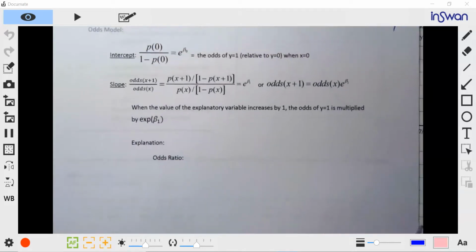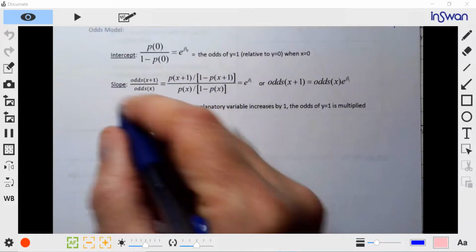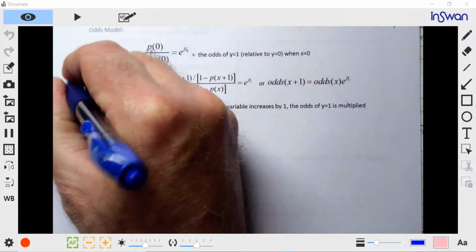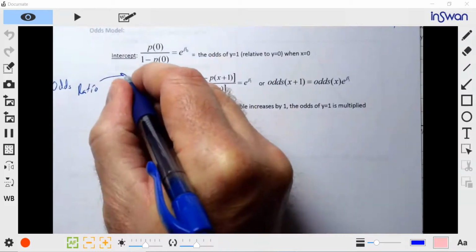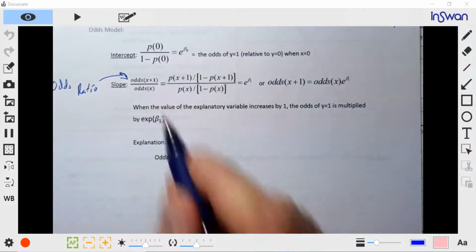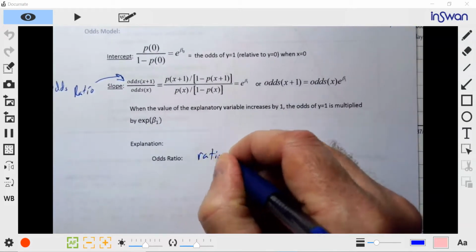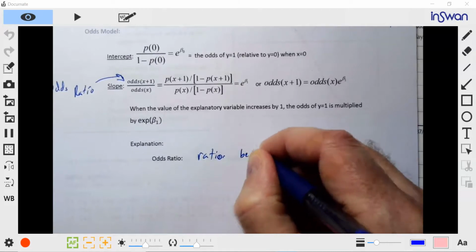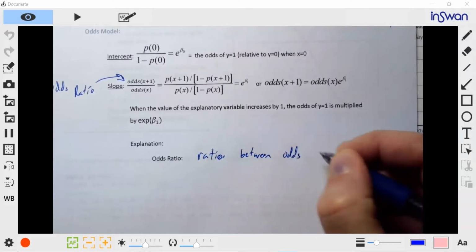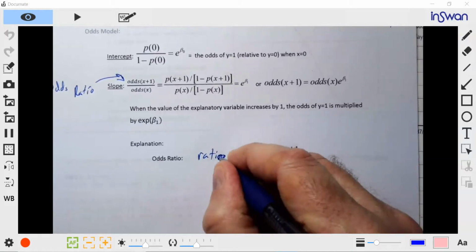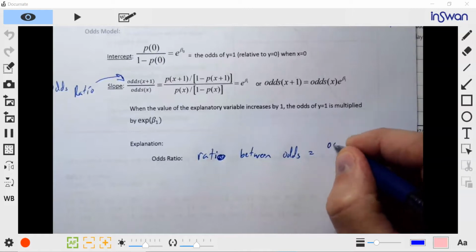So let me break that down a little bit. This is actually what we call an odds ratio: a ratio of odds as we increase by 1 unit of x. An odds ratio is a ratio between odds.